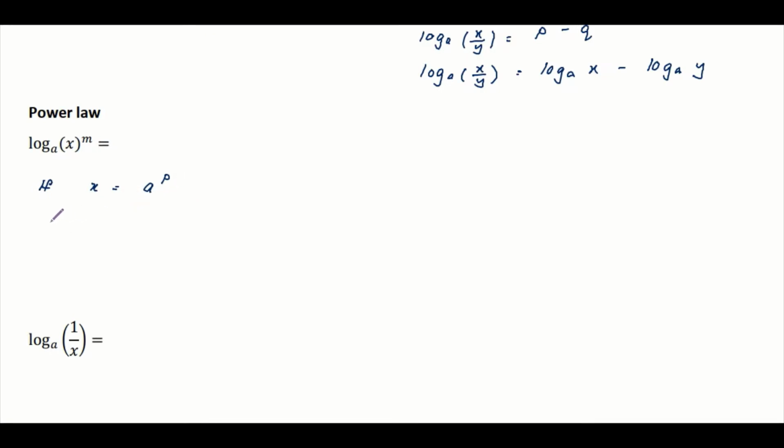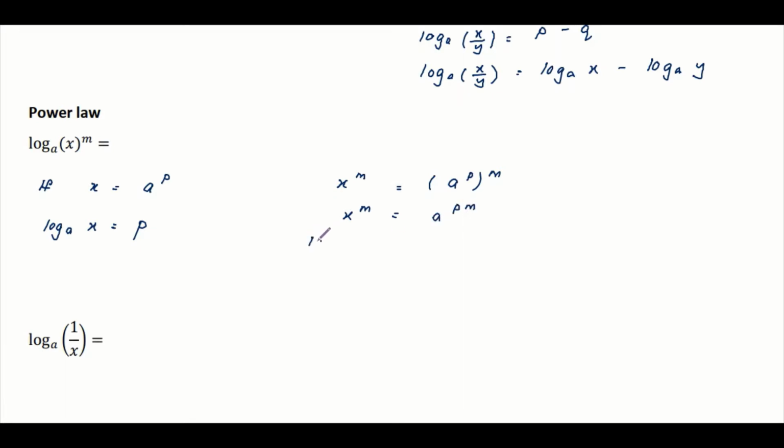If x equals a^p, when we change it into log, then you will have log_a x gives you p, correct? So now let's continue. Because we want x^m, right? We raise the power to m. So for your a^p, you need to raise it to the power of m also. So you have x^m equals a^(pm).